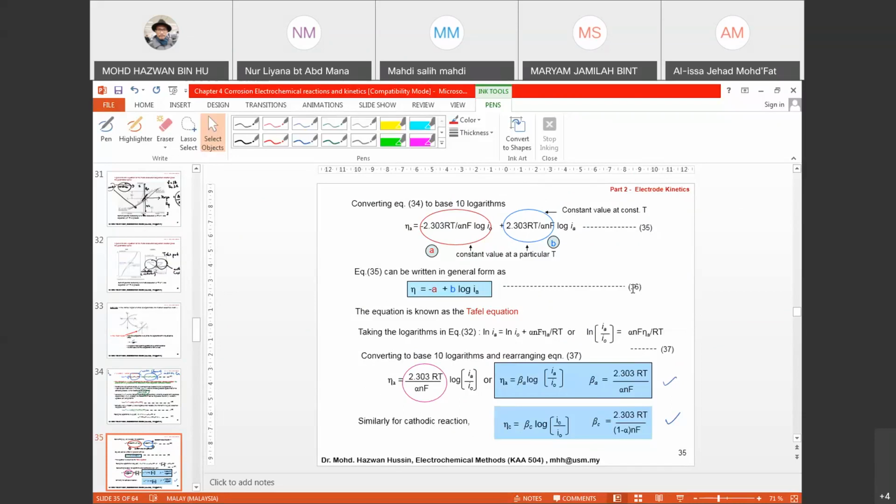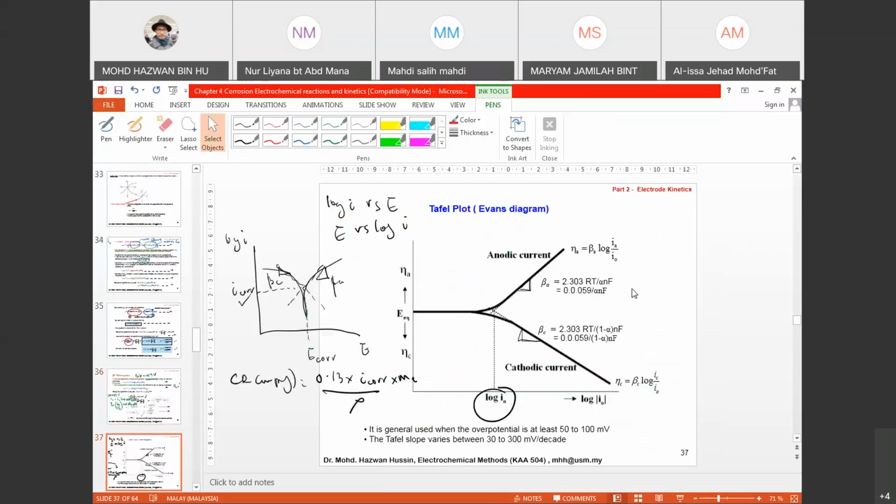What I will create in your e-learning later on is a homework on how to derive Butler-Volmer and also how to derive the Tafel equation. It's just a practice guide for you, on what the first step is if you want to derive this equation, so that you are familiar with all the symbols and equations.